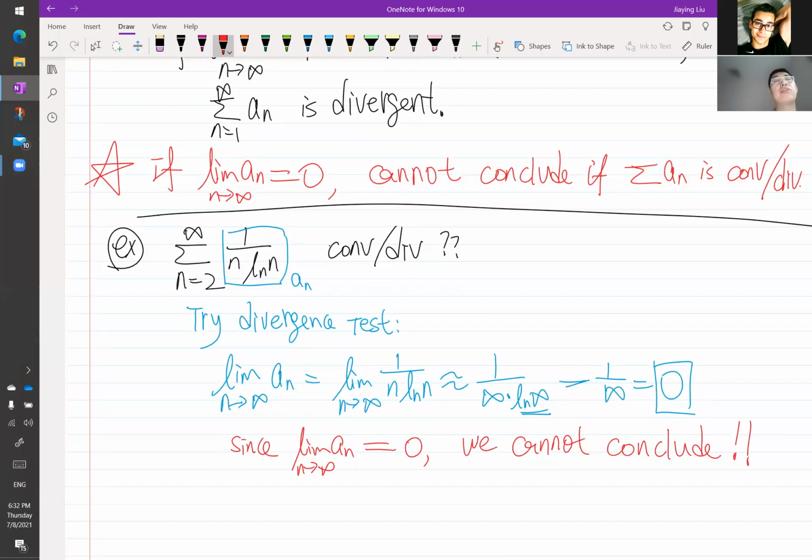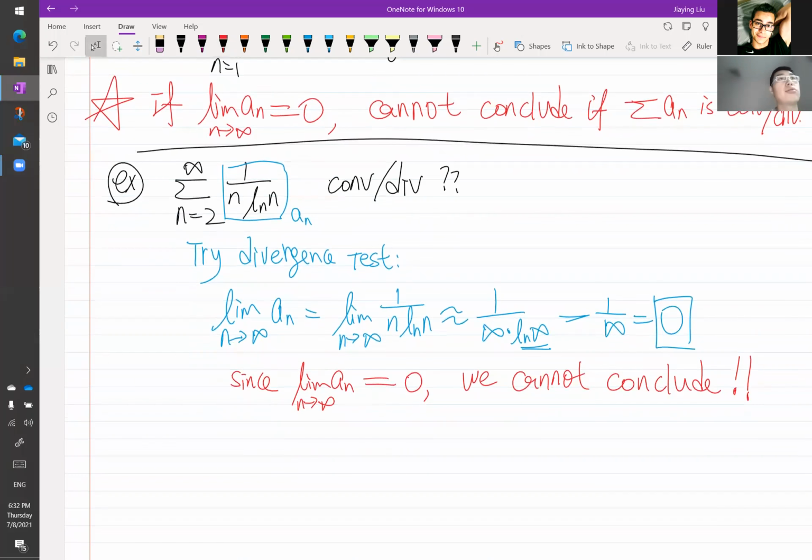If you want to know if it's convergent or divergent, you have to go back to the definition, write down the partial sums, like find S1, S2, S3, then look at the elements in the sequence and see if you can find the convergence or divergence from there. But sometimes that's a lot of work and difficult. So people developed other tests that we can use to find the convergence or divergence.